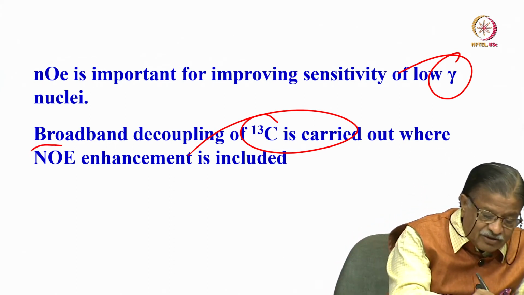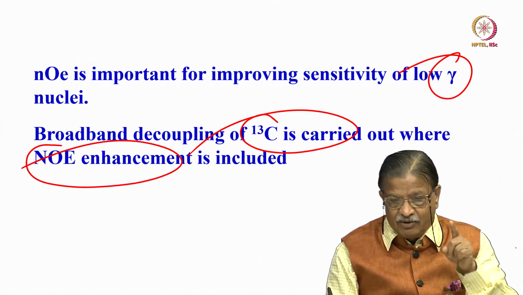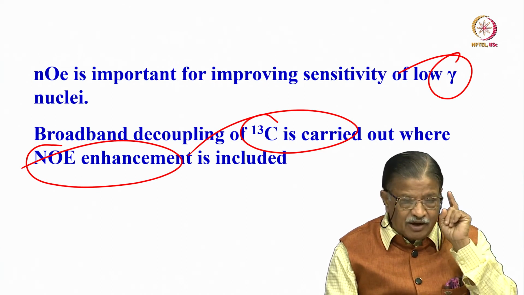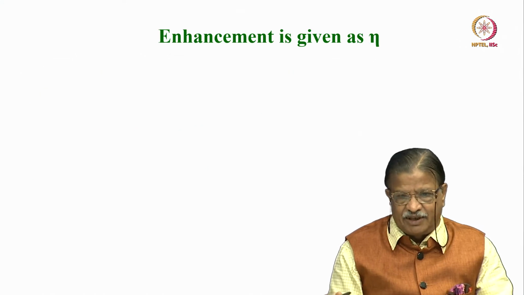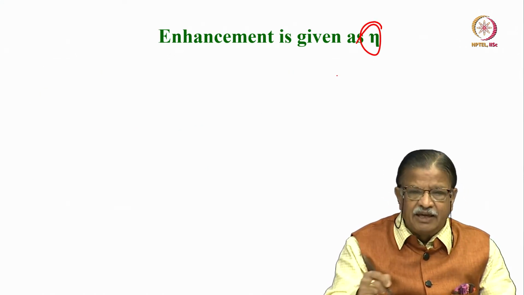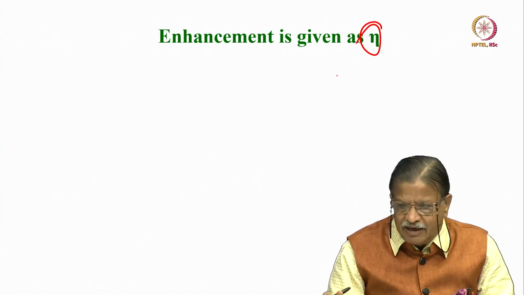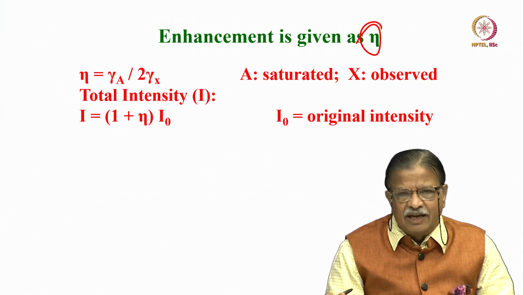There is also what is called NOE enhancement. When you do the heteronuclear decoupling of carbon 13, you are going to have NOE enhancement and a change in the intensity. That actually benefits us. So, the enhancement of NOE, as I said, is defined by the term eta, which is a gain factor.